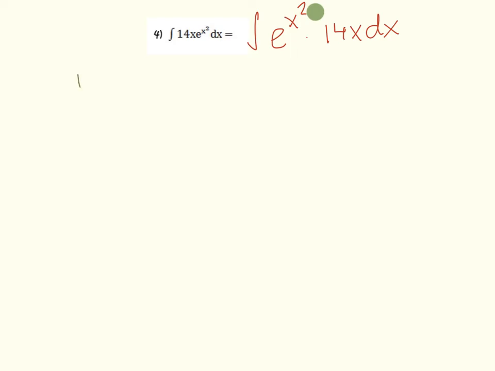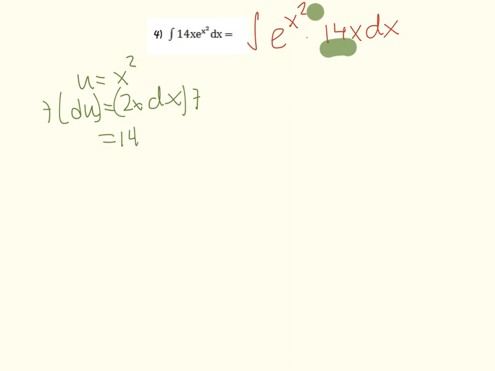If we make u equals x squared, then its differential would be 2x times differential of x. As you can see, we have 14x here, so all we have to do is multiply by 7 both sides of this equation. We obtain 14x times dx equals 7 times du. Now we're ready for the substitution.